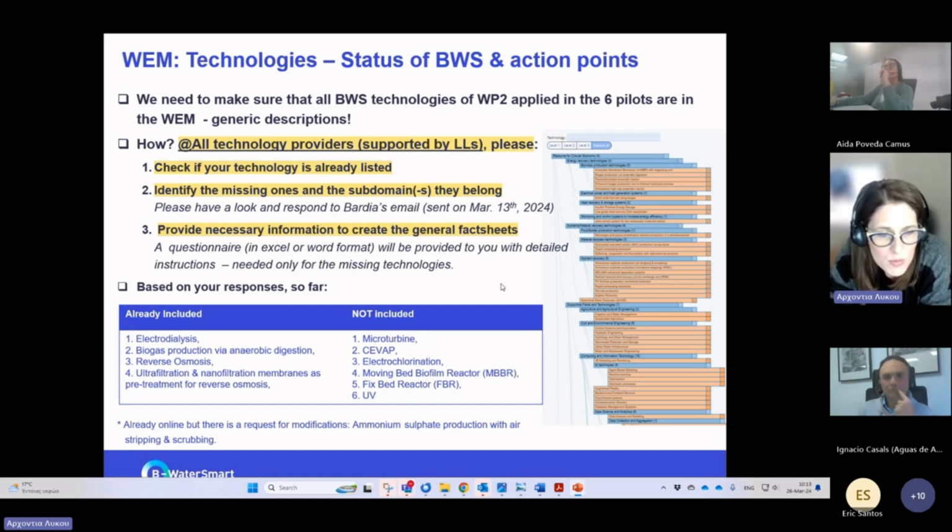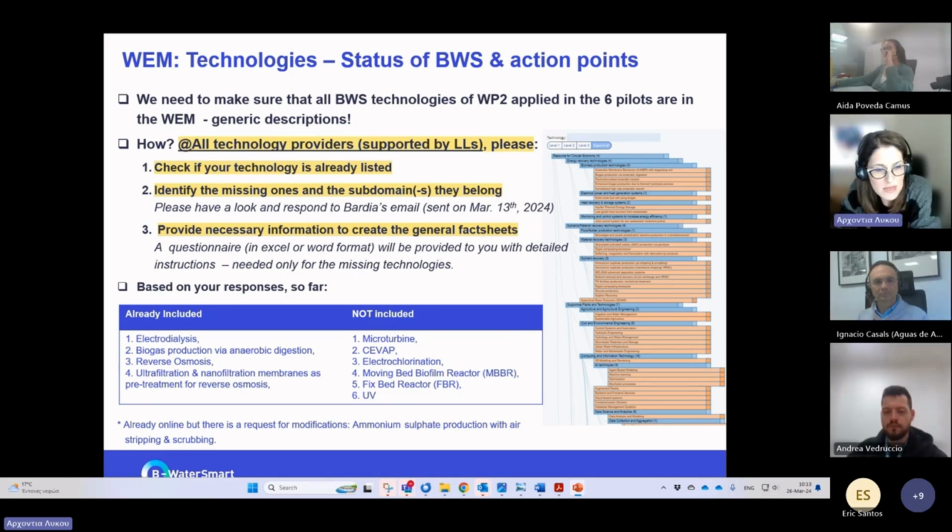Now, based on the responses that we have received so far, here you may see some technologies that are already listed, but of course we have identified some missing ones for which we need to work a little bit more and create the general fact sheet. There might be cases where some technologies are not properly described in the Water Europe marketplace.